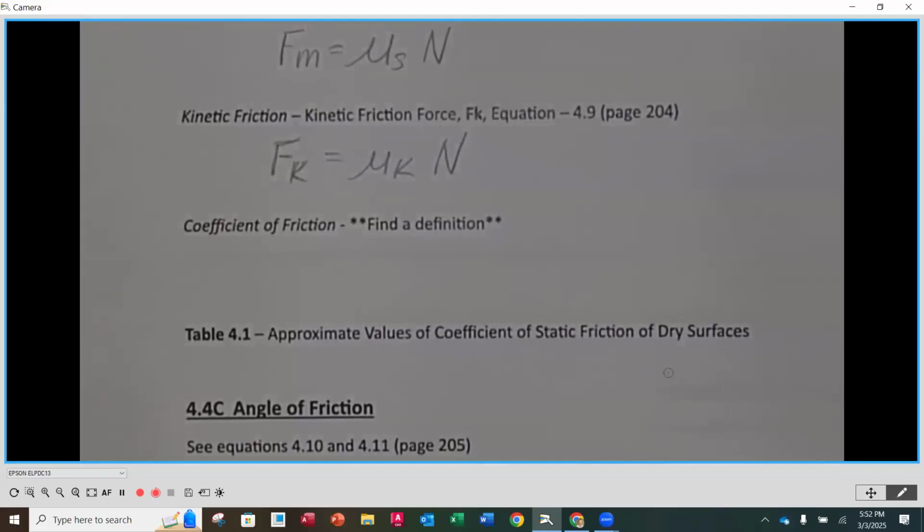We kind of looked at numbers. We kind of looked at how it's calculated, but how would we define it, or how would we describe it? And I'll look to those.